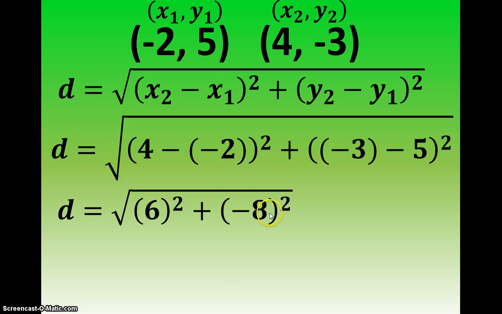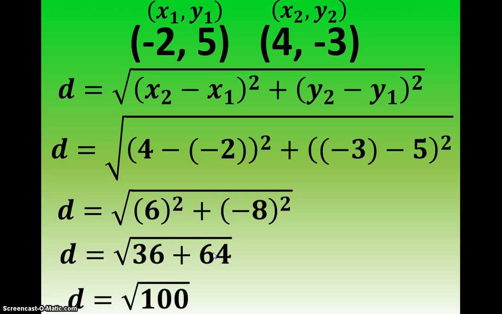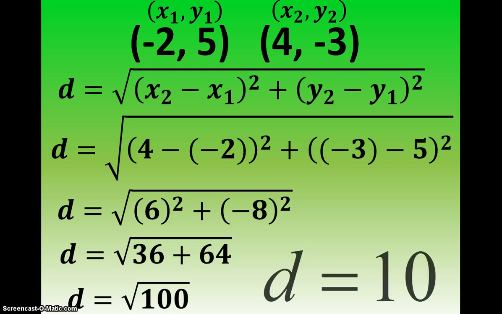But because the parentheses are here, this means -8 times -8, a negative times a negative, which is equal to a positive 64. Now if I add 36 plus 64, I get 100, which should look familiar, because if I take the square root of 100, I get d is equal to 10, which is the exact same answer that I had before.